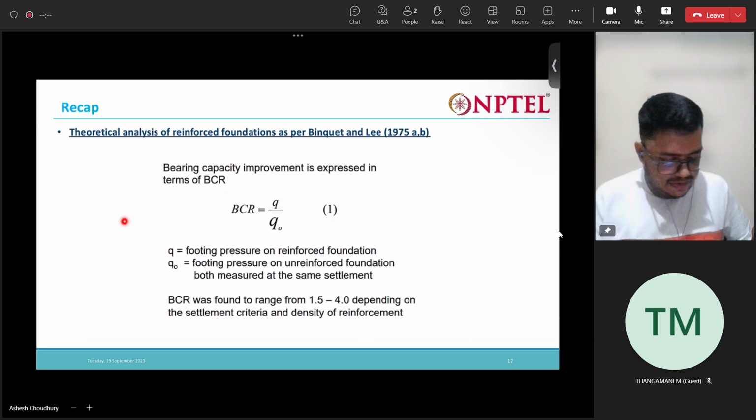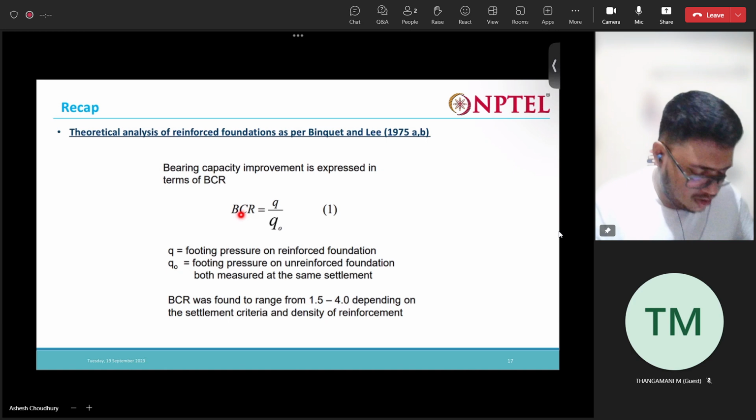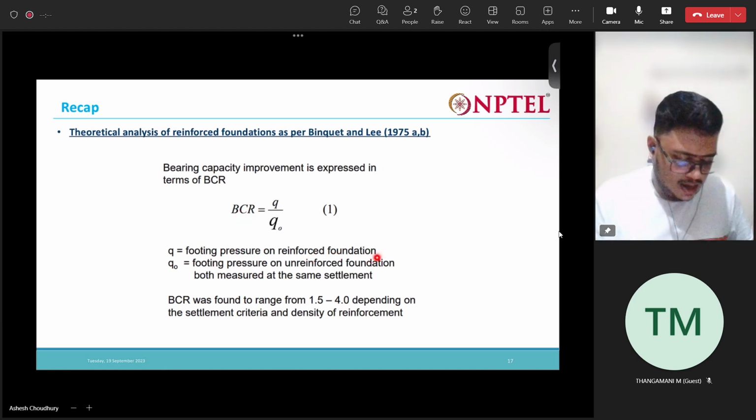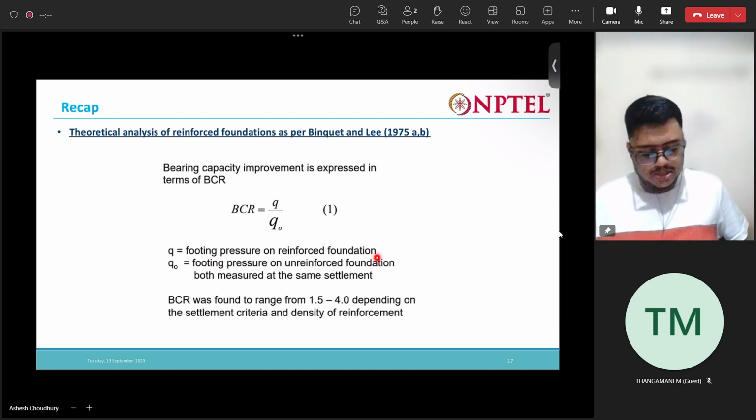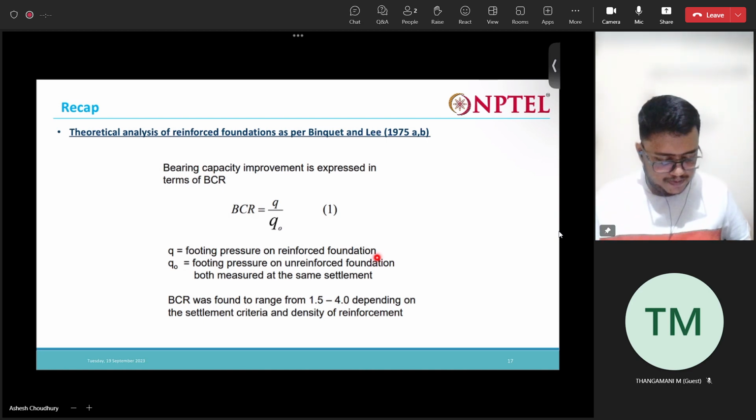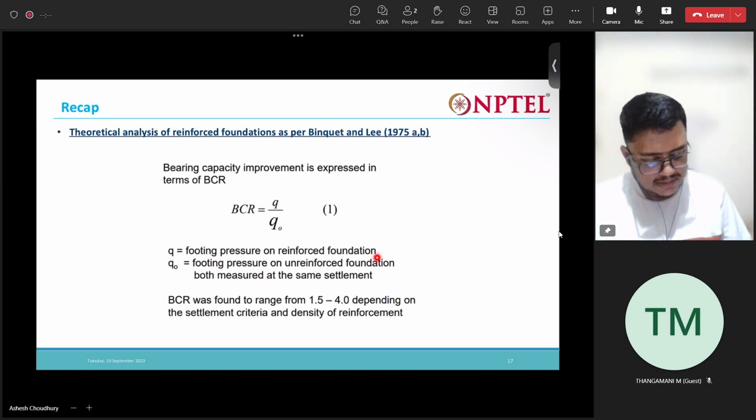So here we have defined that BCR equals Q by Q naught. Q is the footing pressure on the reinforced foundation, and Q naught is the footing pressure on the unreinforced foundation, both measured at the same settlement. Same settlement means, say this is the settlement and this is the pressure.